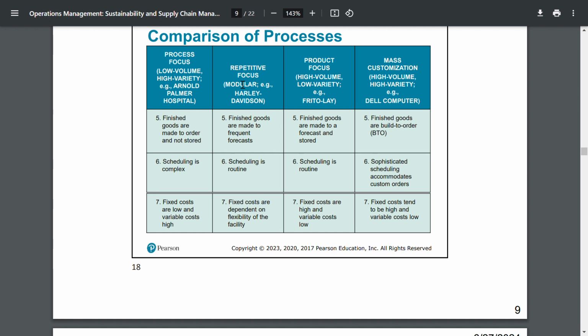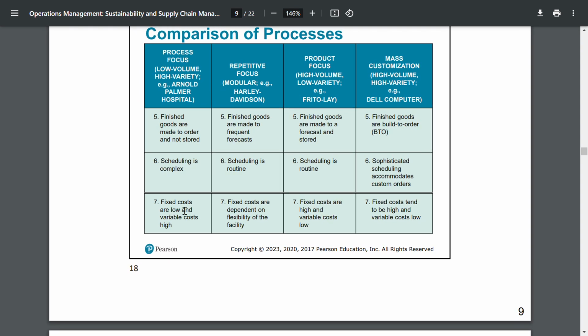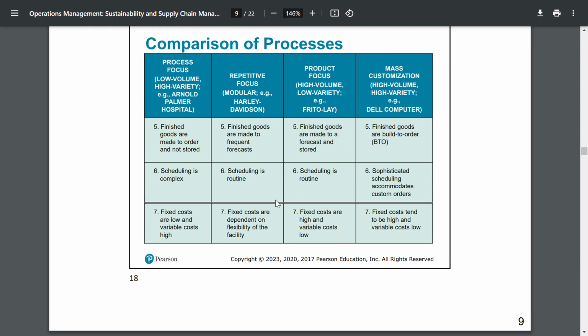So it's less fixed than the mass customization and product focus, but more predictable than the process focus. The process focus has the most variable costs, and the scheduling is mostly routine for repetitive and product focus, and it's more complex for the process focus and also the mass customization.